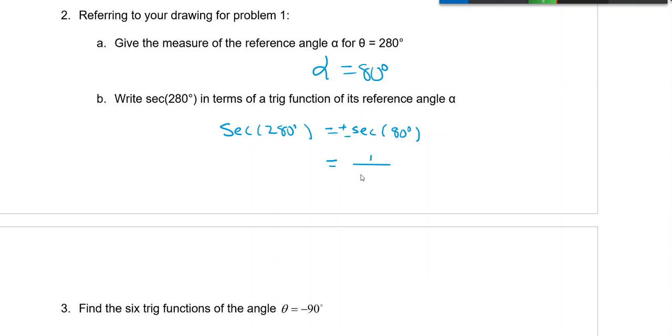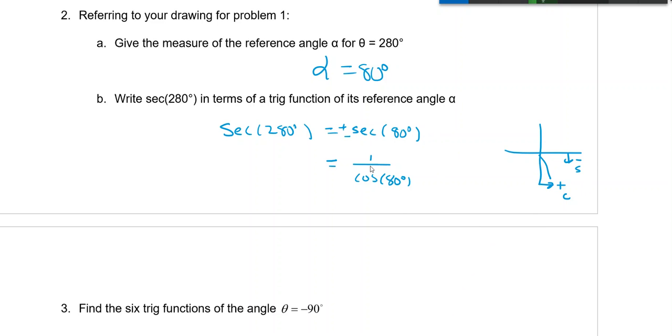The secant is defined as 1 over the cosine. So we can actually write it that way. Secant of 280 is 1 over the cosine of 80. Now we can investigate the sign. We're in quadrant 4. In quadrant 4, the x values are positive and the y values are negative. So the cosine is positive, the sine is negative.